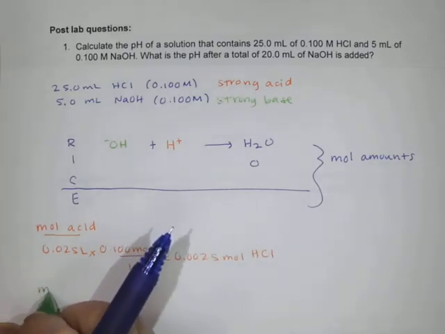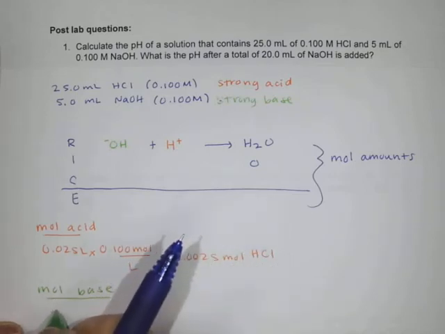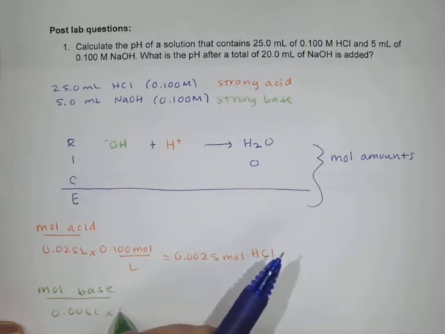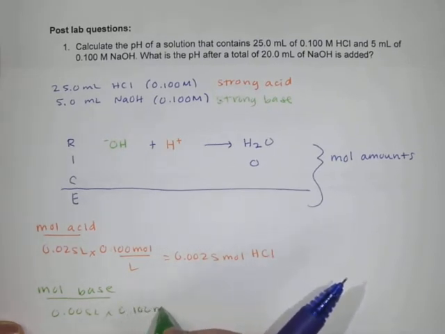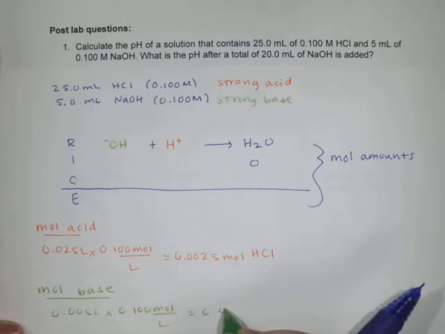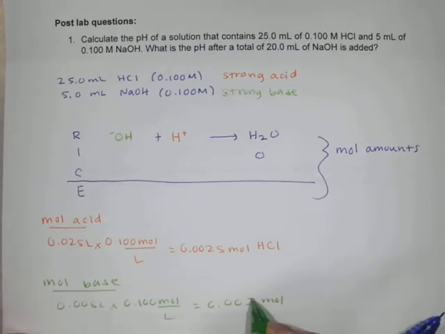All right, and then we want to do the same thing with base. So I have moles of base, 0.005 liters times 0.100 moles per liter. Sorry, that should be 0.0005 moles.